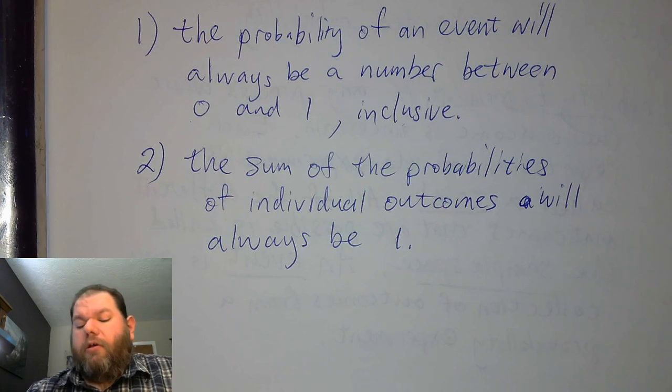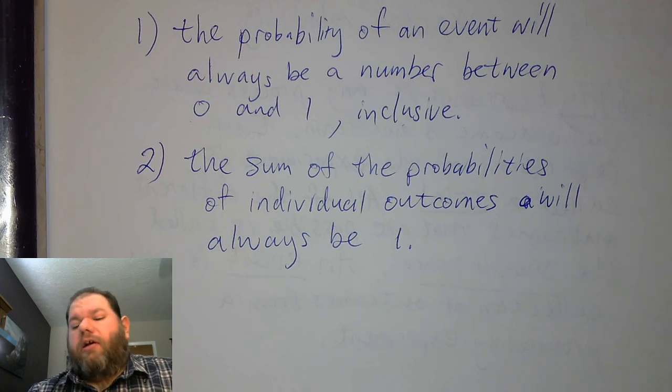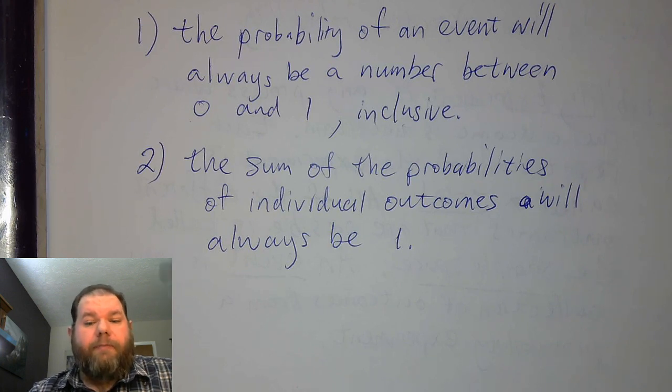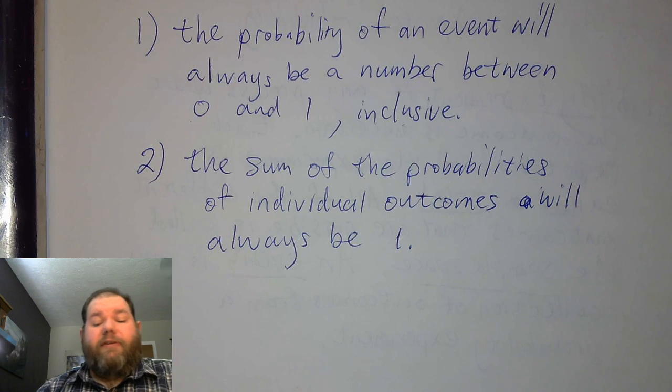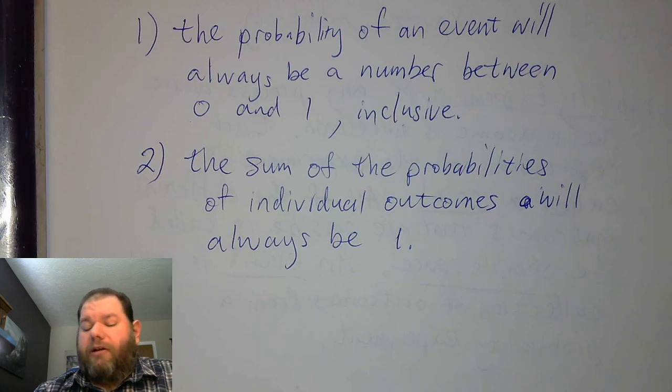Basically, when we look at the possible outcomes from a probability experiment, the probabilities of the individual outcomes should always add up to 1, because that represents 100% of the different outcomes. If it doesn't equal 100%, that means there's some other outcome that we left out for whatever reason, or we just have an improper probability distribution.